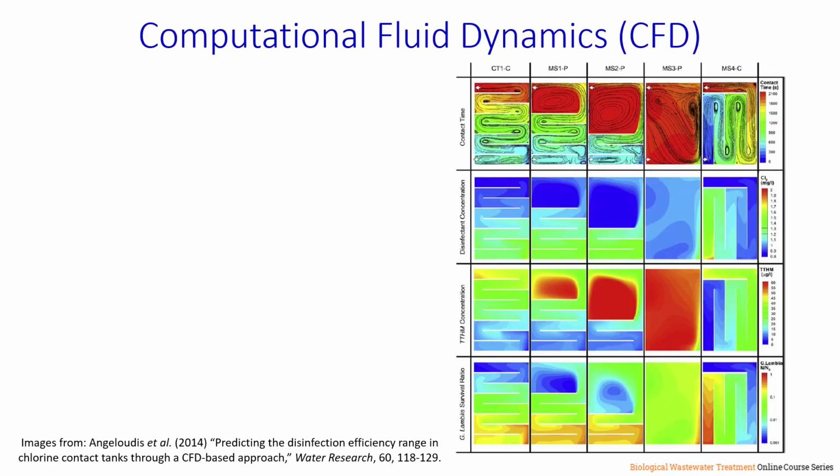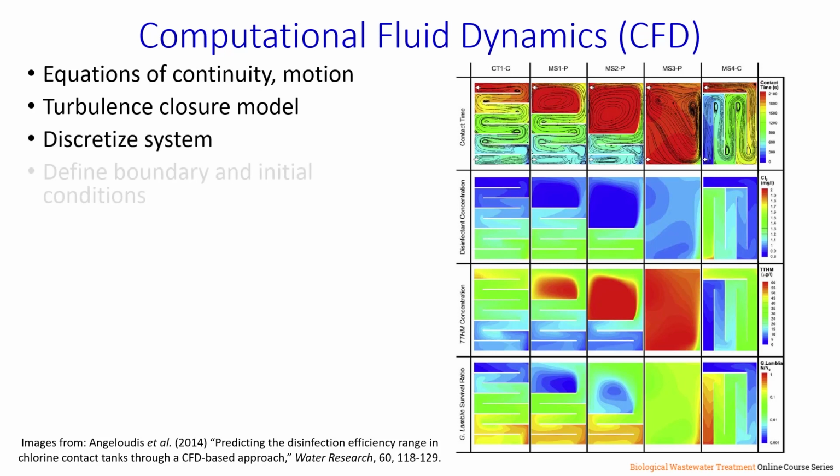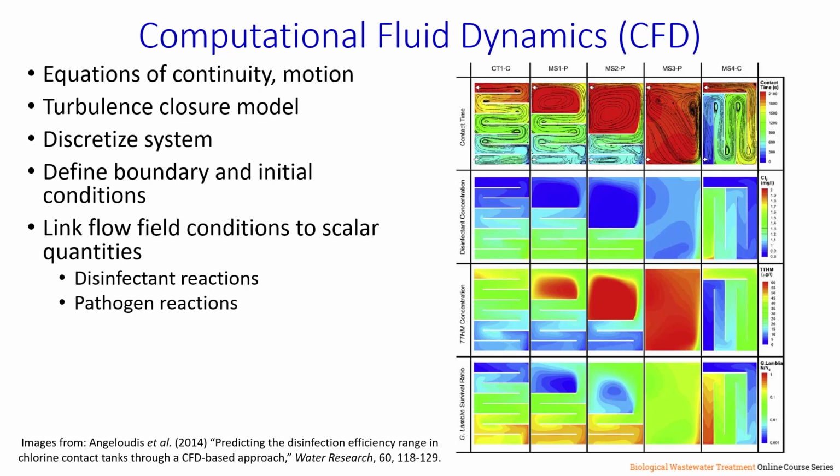A critical element of those simulations is computational fluid dynamics. CFD simulations are based on the equations of continuity and motion, with the inclusion of a turbulence closure model. The basic approach is that we discretize the system, then define appropriate boundary and initial conditions. From that information, then we can simulate the flow field. Then we link that simulated flow field to scalar quantities of the system, such as the disinfectant reactions and the pathogen reactions.